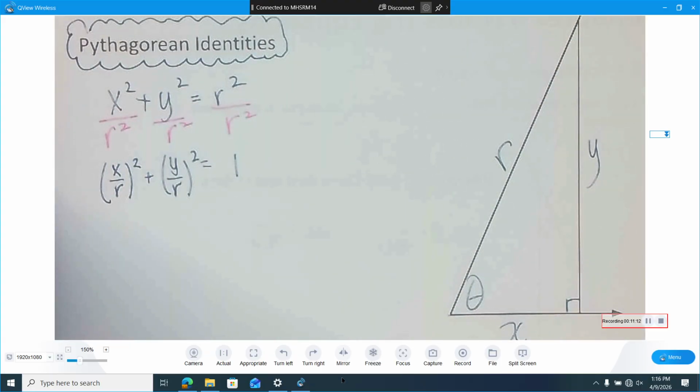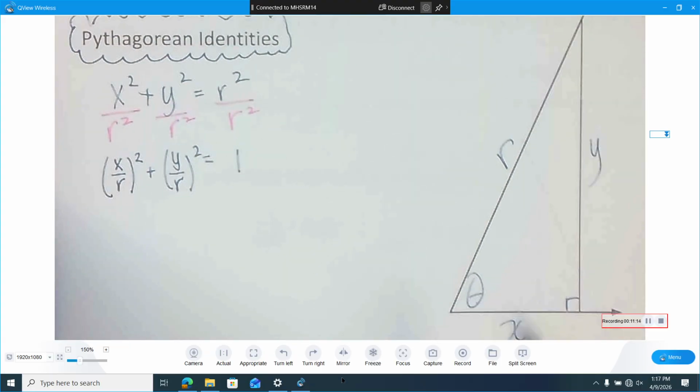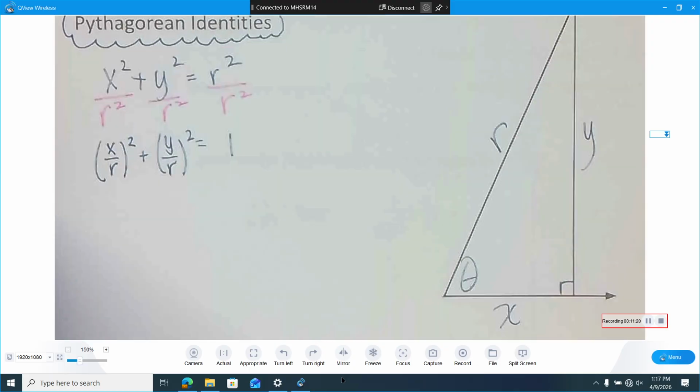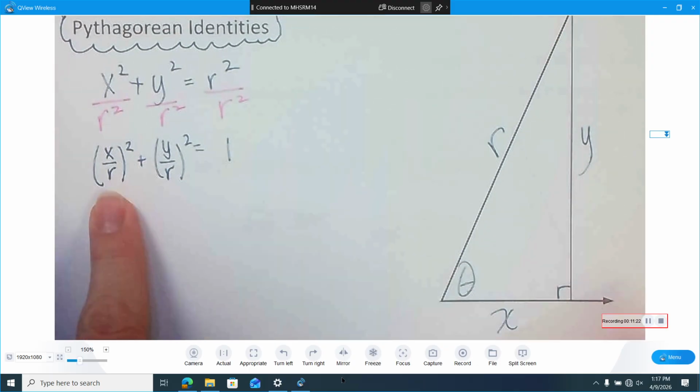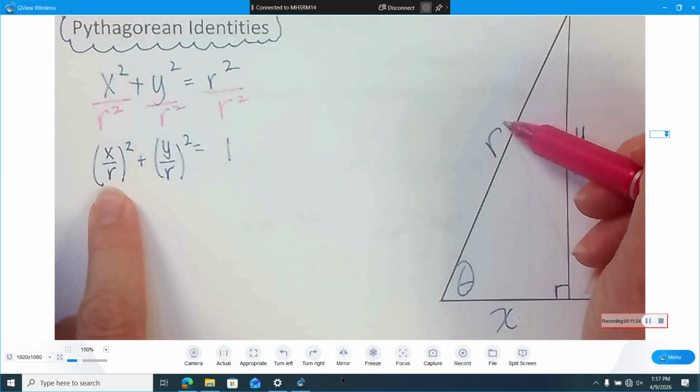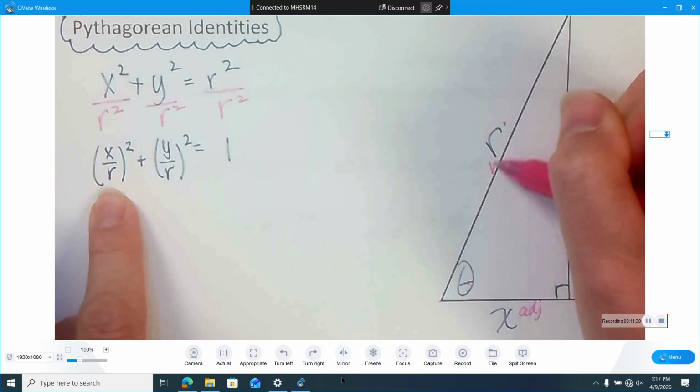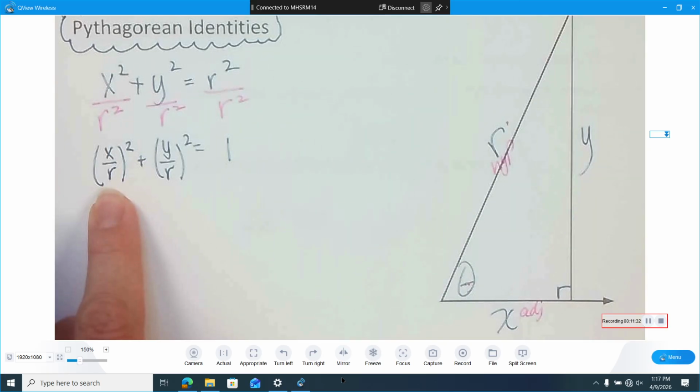Now, what I'm trying to get is things in terms of trig functions, sines and cosines. When I look at my picture here, x over r is related to theta: adjacent over hypotenuse, which is cosine.